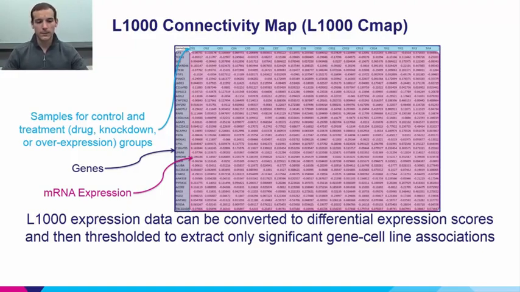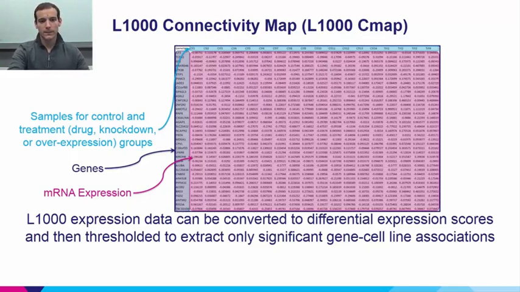And so the values in the matrix are quantification of the expression level. And so what we can do with just this one set of data that's shown here, where we have a group of control samples and a group of treatment samples, is use a statistical method, for example the characteristic direction, to compute which are the significantly differentially expressed genes between control and treatment.